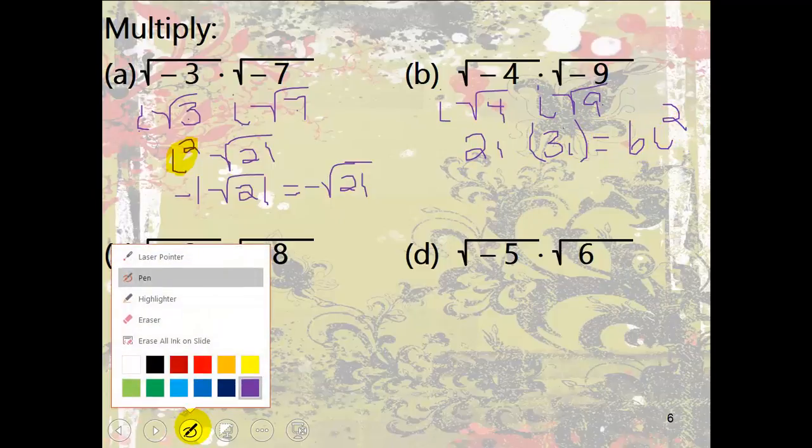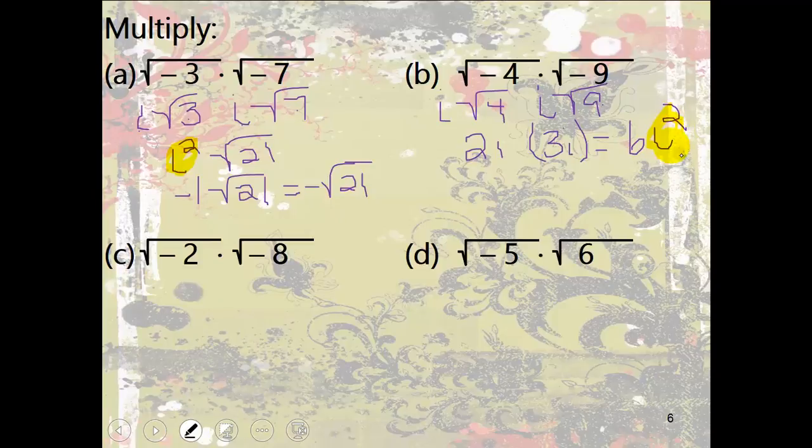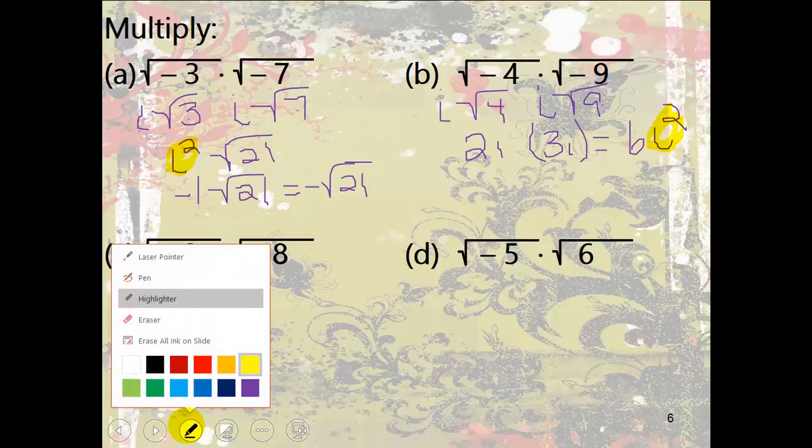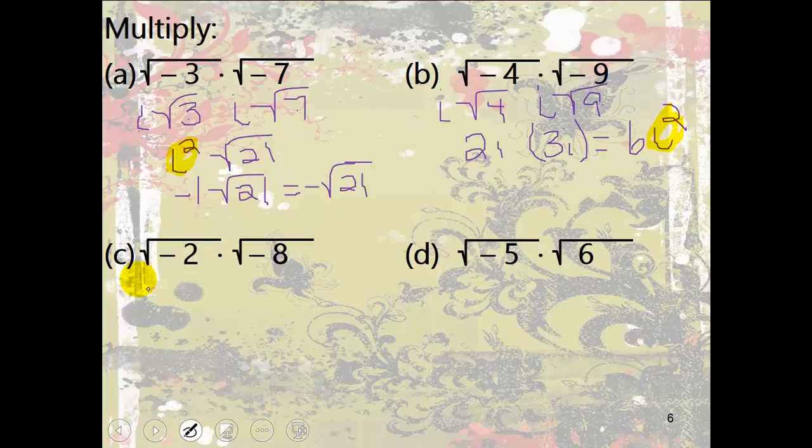What does i squared equal? i squared always equals, I know it sounds weird, negative 1. So this is 6 times negative 1. So that's negative 6. Some of this you're just going to have to accept to begin with till you get used to it, and then it all starts kind of clicking.